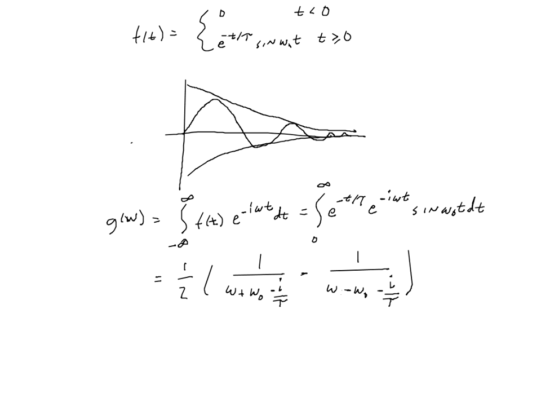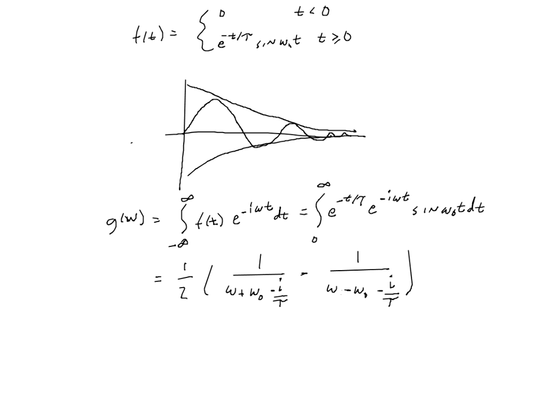Okay, and so what happens here is that if f of t is, say, the radiated electric field as a function of time, then if you take the magnitude of f of t squared, that's going to be proportional to the radiated power.